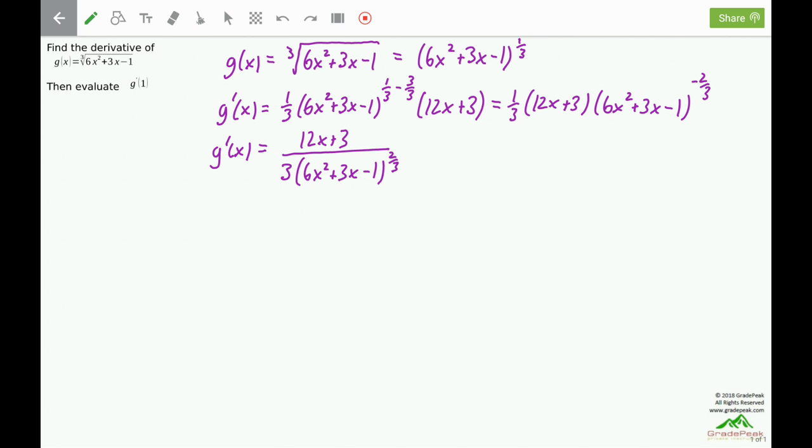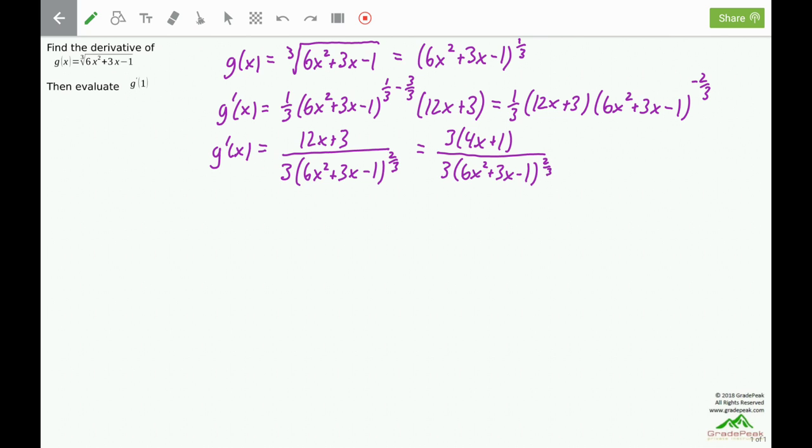The last thing we can do is there is a common factor of 3 in the numerator, and since there's a 3 in the denominator, we'll be able to cancel those out. So let's factor a 3 from the numerator. 3 times 4x plus 1 all over 3 times 6x squared plus 3x minus 1 all raised to the 2/3 power.